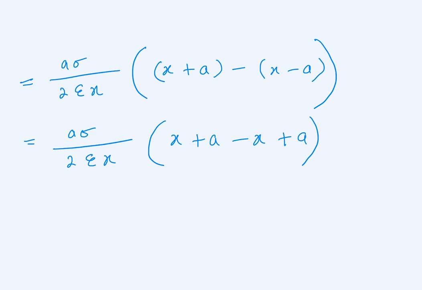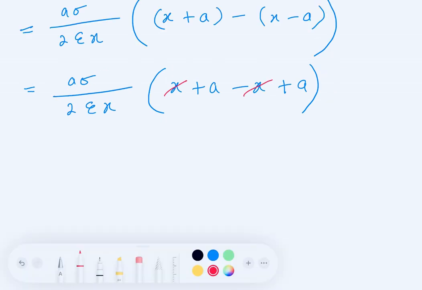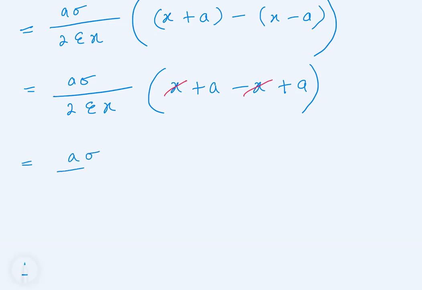Obviously we can see that the a's will add and give us 2a, and the x's will cancel out. So this is now equal to a multiplied by sigma over 2 epsilon x multiplied by 2a.